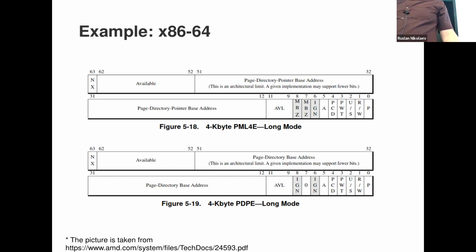So 2 to the power of 12, 4 kilobytes, is the page size. Therefore, it's natural to use the lower bits to recycle for something else, something more useful. And that's what you do in malloc lab as well. If something is aligned, you don't want to put zeros there. You want to use these bits for something else if possible. The same way it happens here.